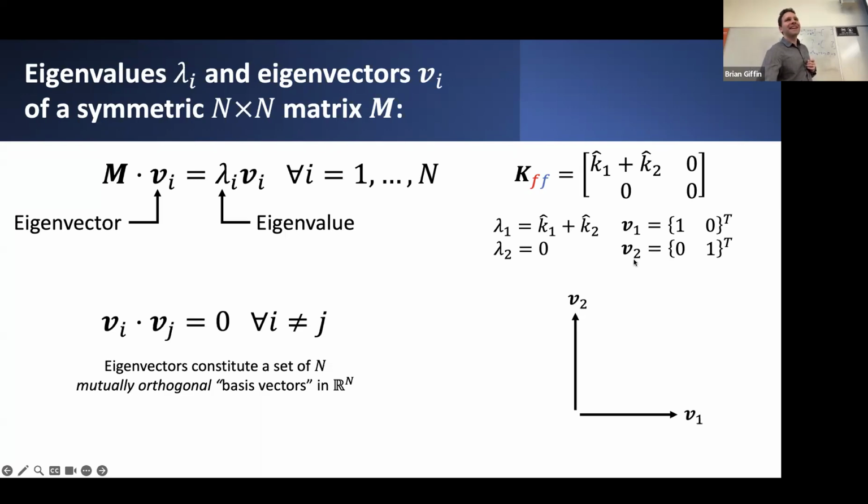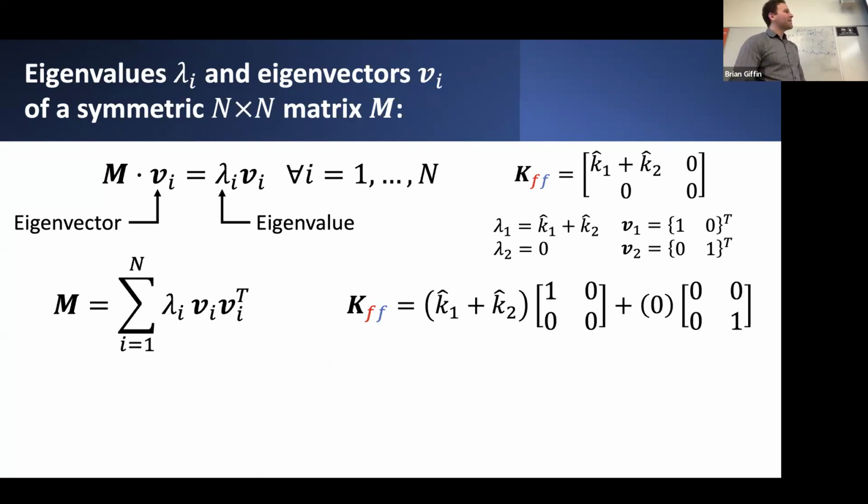Similarly, we know that the second eigenvector has to be perpendicular to this first one. The second eigenvector points in the global y direction, components 0 and 1, and when we multiply this stiffness matrix times v2, we'll just get the 0 vector. In other words, the eigenvalue associated with this particular eigenvector is 0, because it just scales that vector down to 0. Okay, so that's the basics of eigenvectors and eigenvalues.